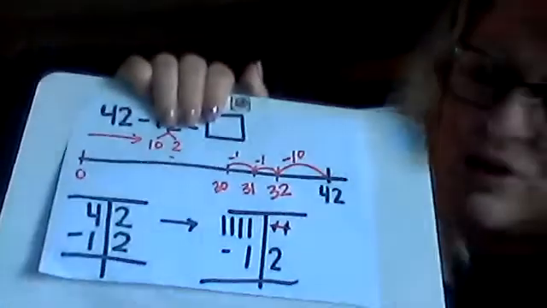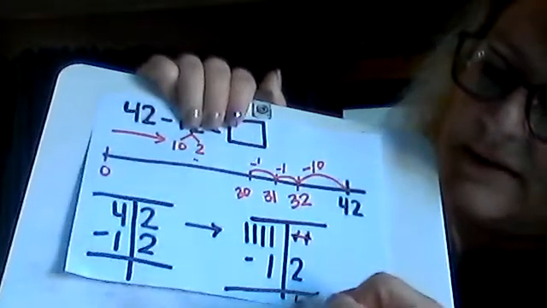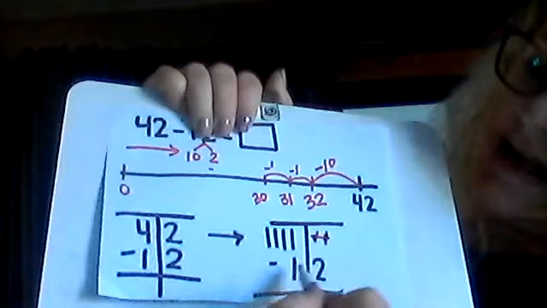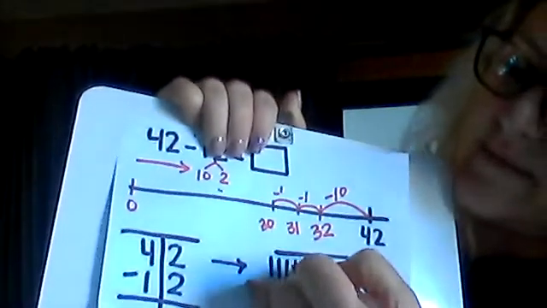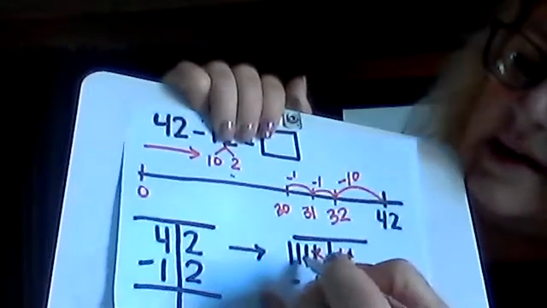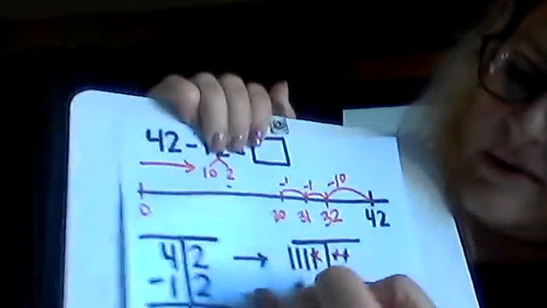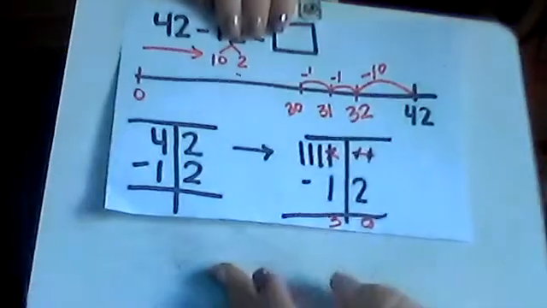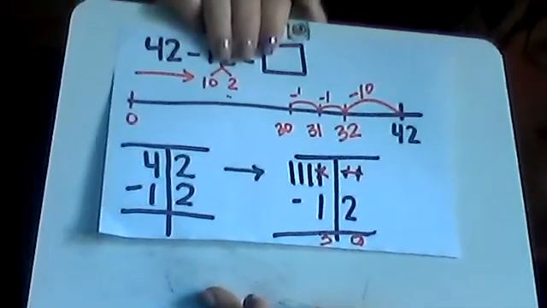So take away 2, and you get 0. Okay? And now we're going to take away 1. Take away 1. And how many do we have? 1, 2, 3. So your answer is 30.